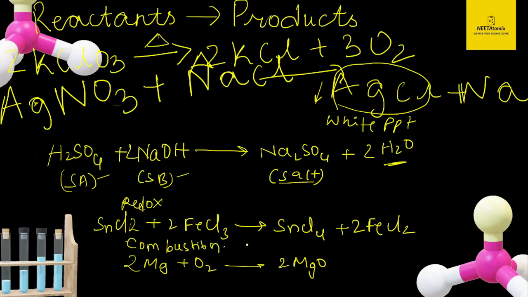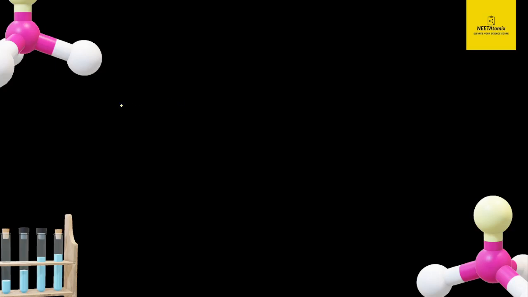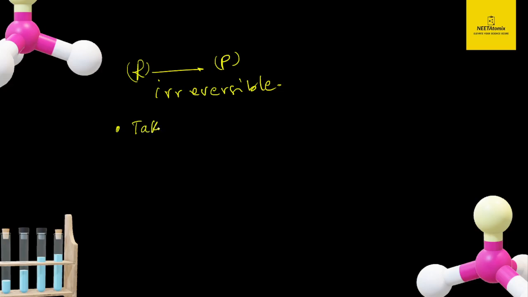So we will be moving to the characteristics of irreversible reactions. The reaction which moves only in one direction, that is from reactants to products, as I said already, is called an irreversible reaction, and these can take place in an open vessel only. The products do not react again to form the reactants.